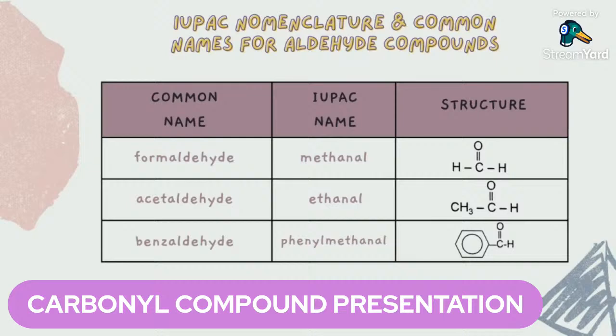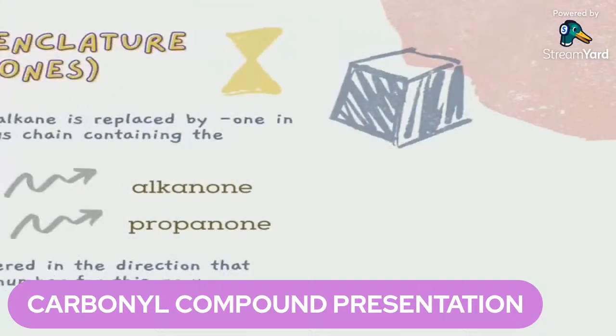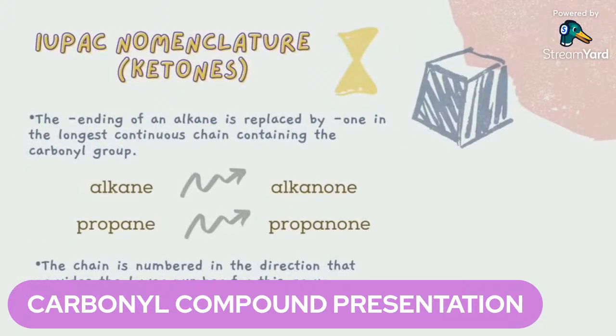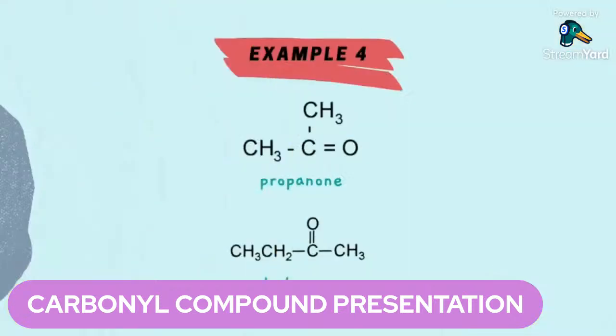Next, we'll be going to naming ketone. So everyone must know that C double bond O must be in the between of a carbon to make sure that it's a ketone and not an aldehyde. So the general changes that we have for ketone is, for example, we use propane. Your E at the back in your propane changing to O and E to represent as a ketone.